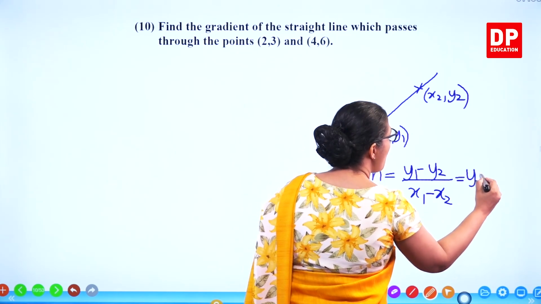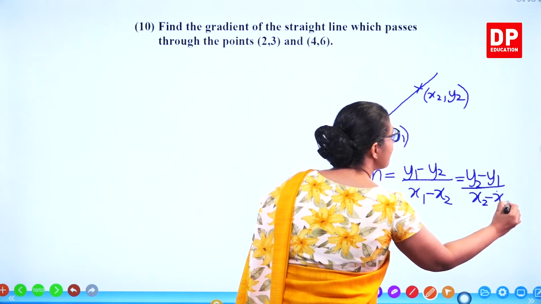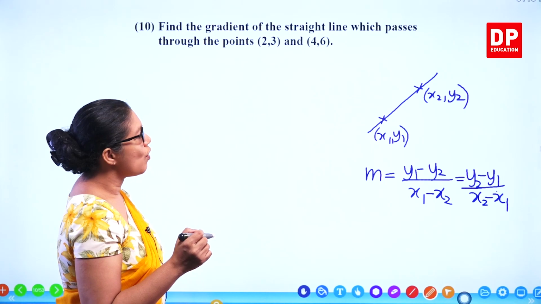You can take y first. So you can use that formula to find the gradient of the line.